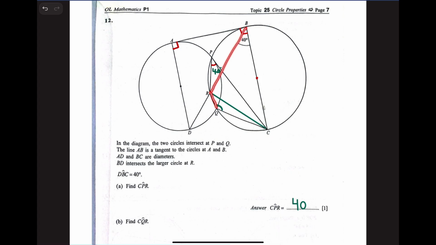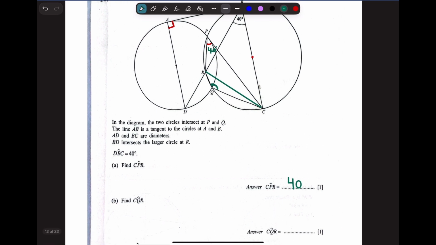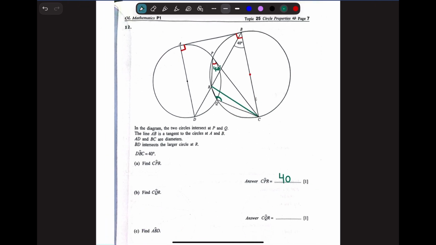So in quadrilateral BRQC, CQR plus 40 should be equal to 180. So angle CQR is 180 minus 40, which gives 140 degrees.